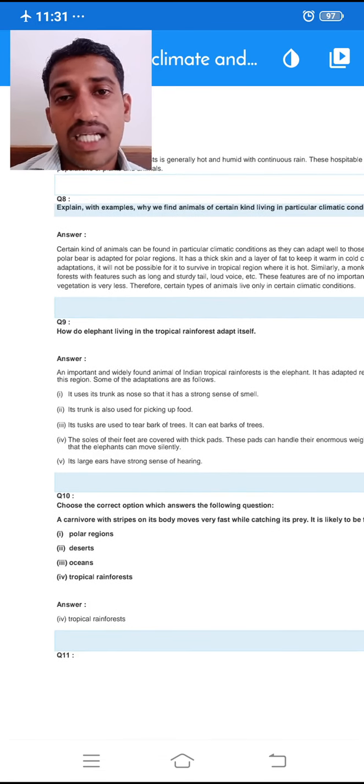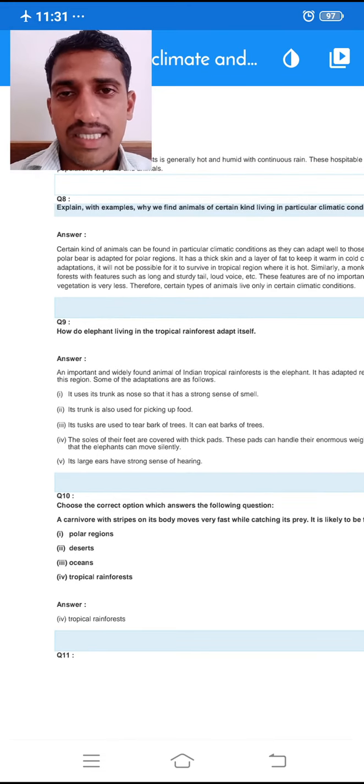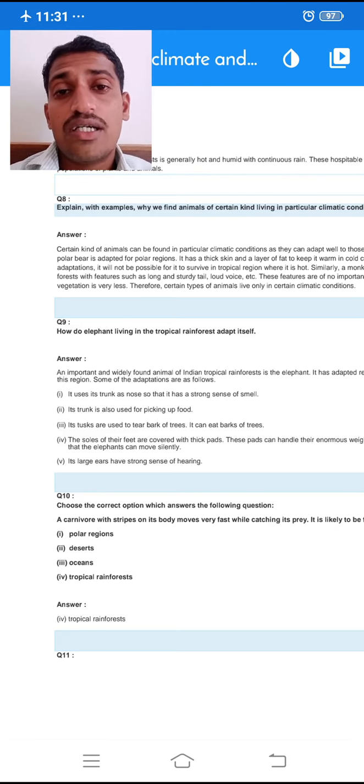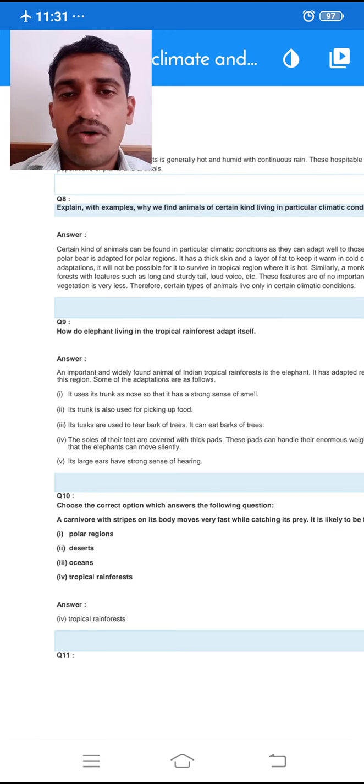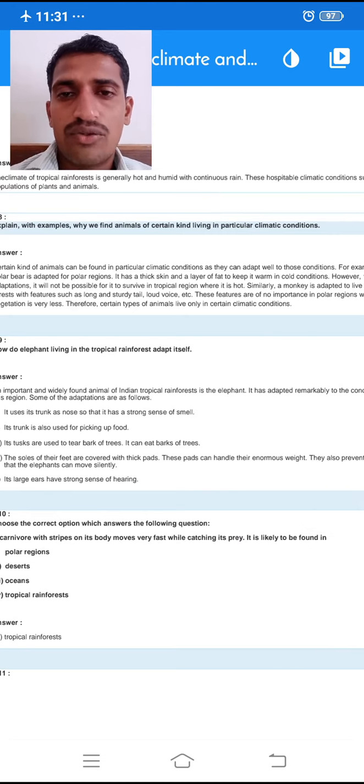In the previous class, when I was explaining the polar regions, I told you. The polar bear is an animal which lives in the polar regions, which has thick fur on its skin, and also a deposition of fat under the skin. Its body is very well insulated in order to protect itself from the cold. So it has a thick skin and a layer of fat to keep it warm in cold conditions. So it is adapted to the polar regions.